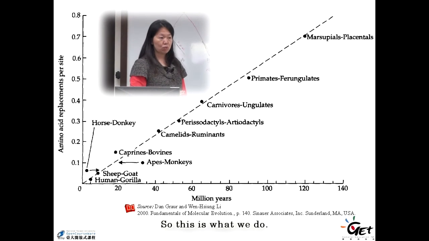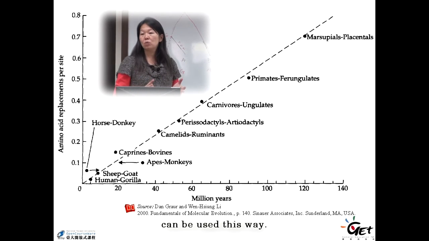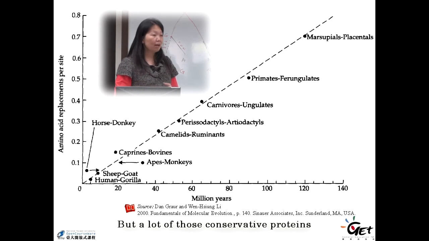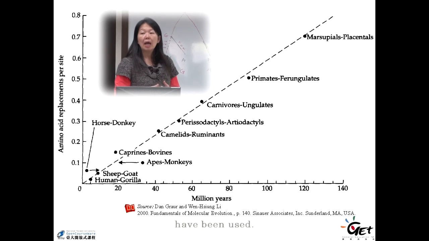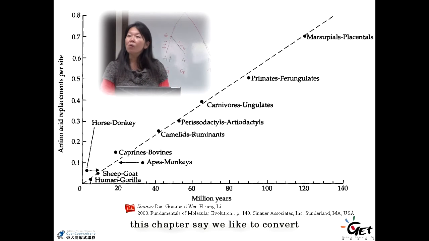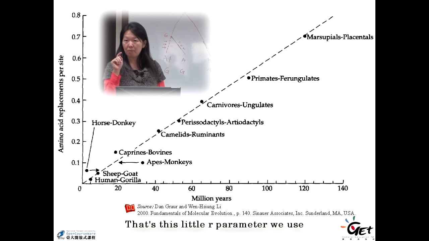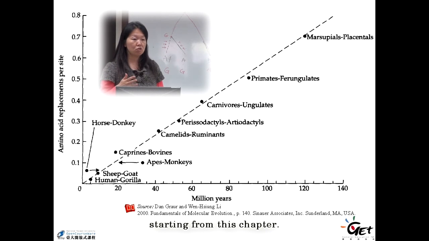Not every molecule can be used this way, but a lot of conserved proteins have been. As at the very beginning of this chapter, we like to convert the substitution rate by year. That's the little r parameter we use starting from this chapter.